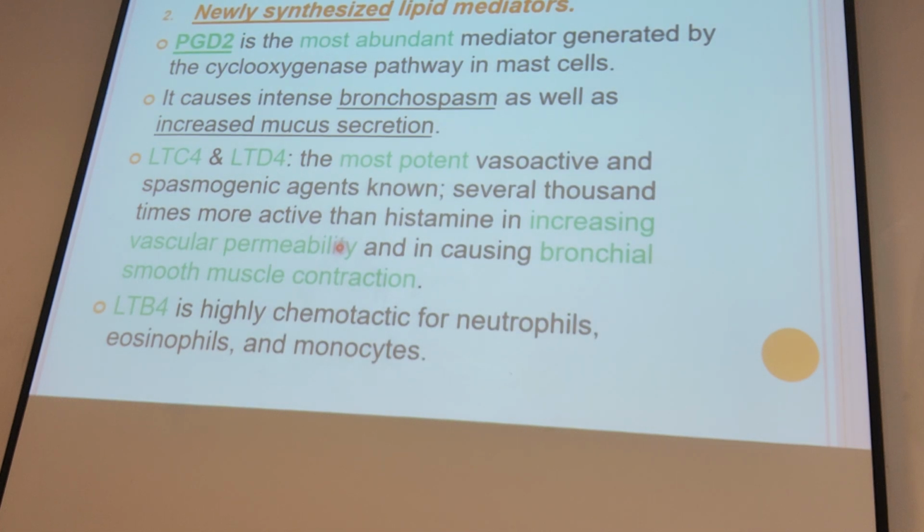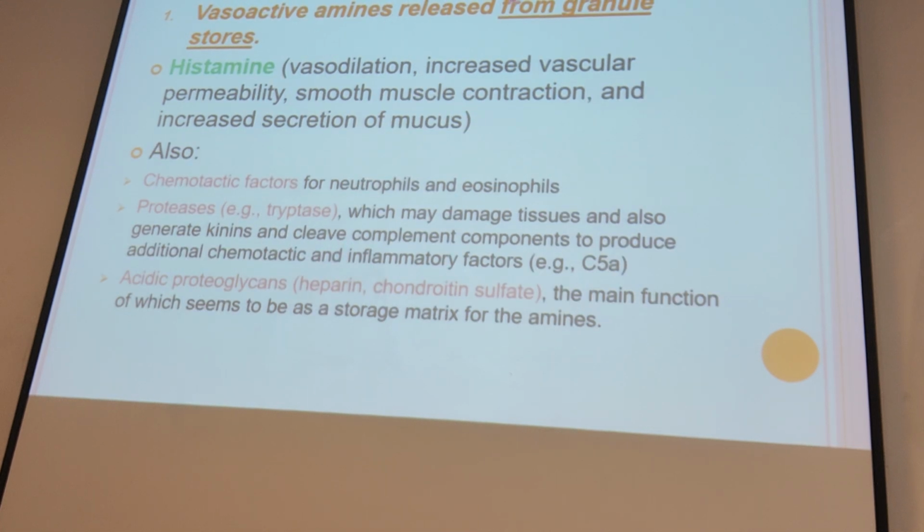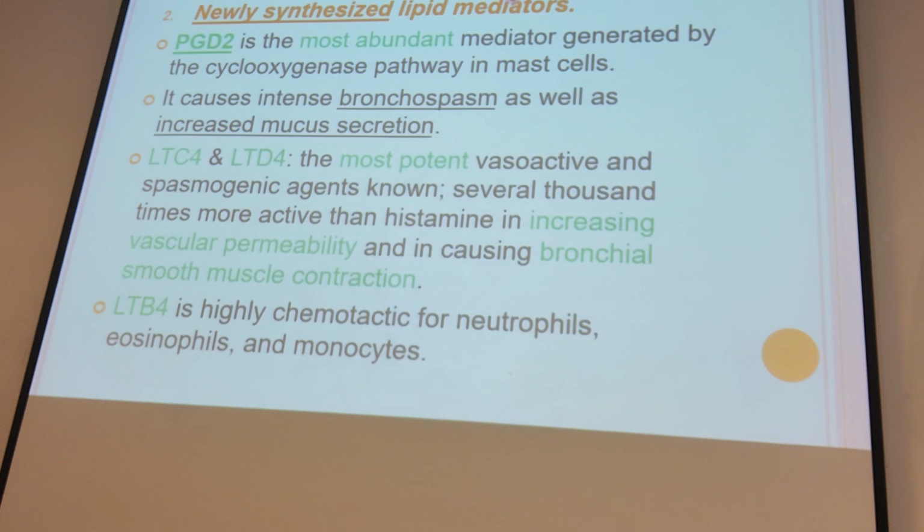And we had them in the granules. Okay? So the mast cell does not have to make them at that time. They are ready. But there are some of them which are not ready, and the mast cell makes them. Okay?